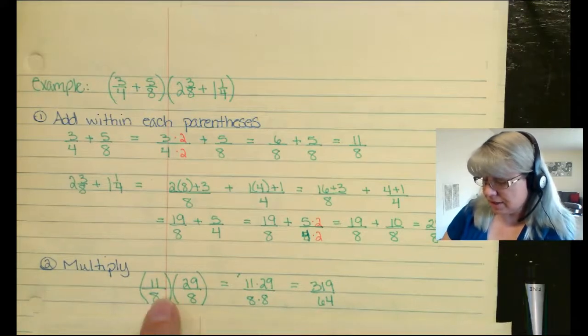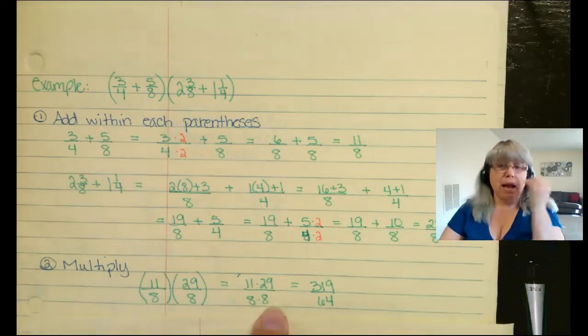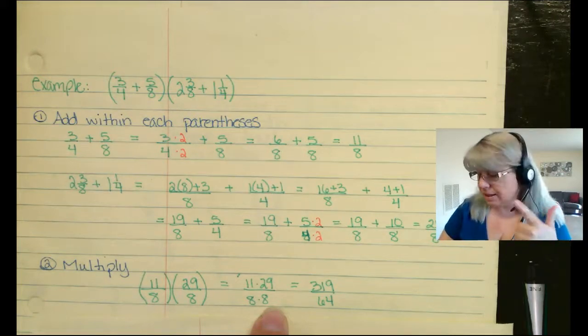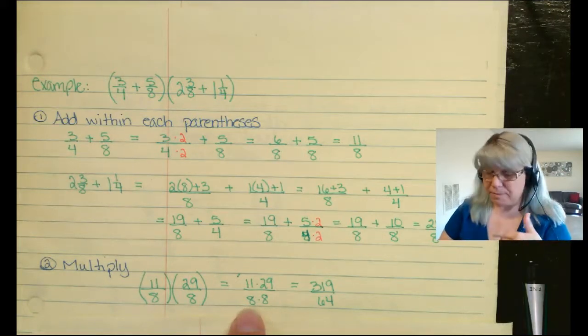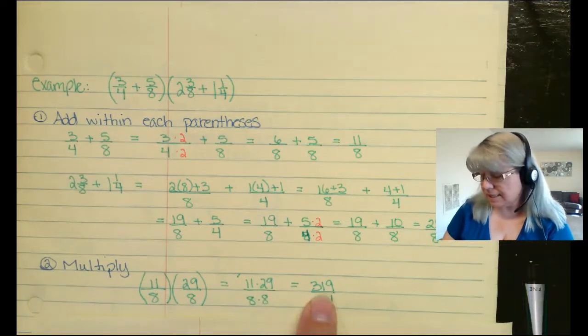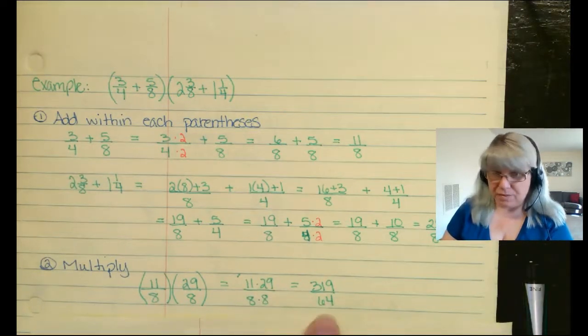In this case, 11/8 times 29/8 is going to be 11 times 29 all over 8 times 8. 11 is a prime number, 29 is a prime number, and therefore I can't reduce. But 11 times 29 is 319. 8 times 8 is 64.